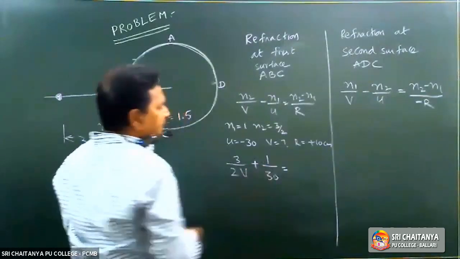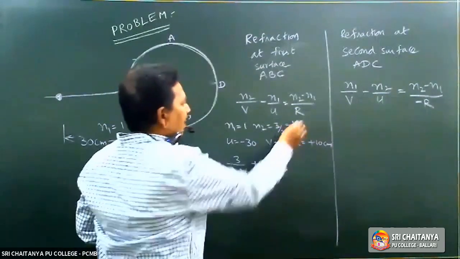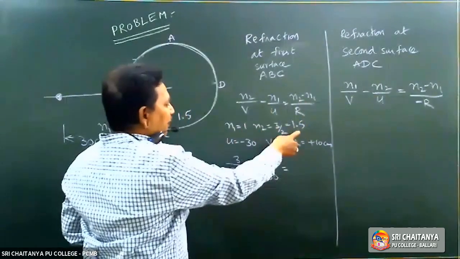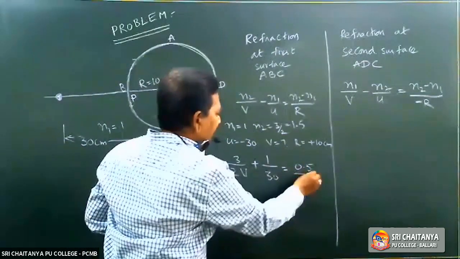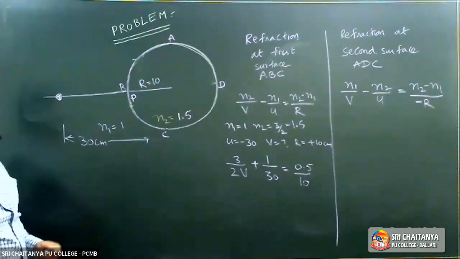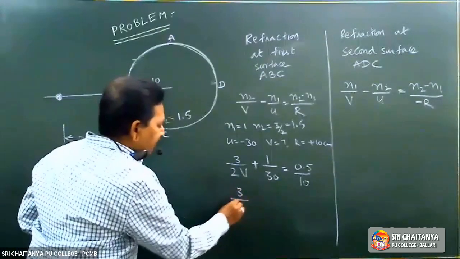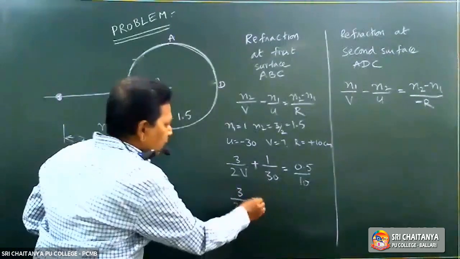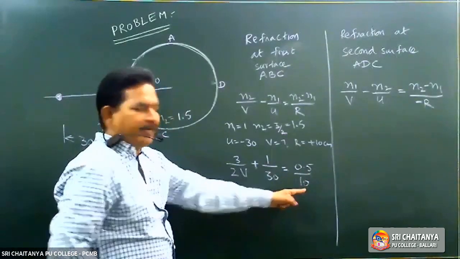Equal to 3 by 2 means 1.5, N2 minus N1, 1.5 minus 1 is 0.5, divided by 10. This comes out to be 3 by 2V is equal to 5 by 100. 5 by 100 is 1 by 20.